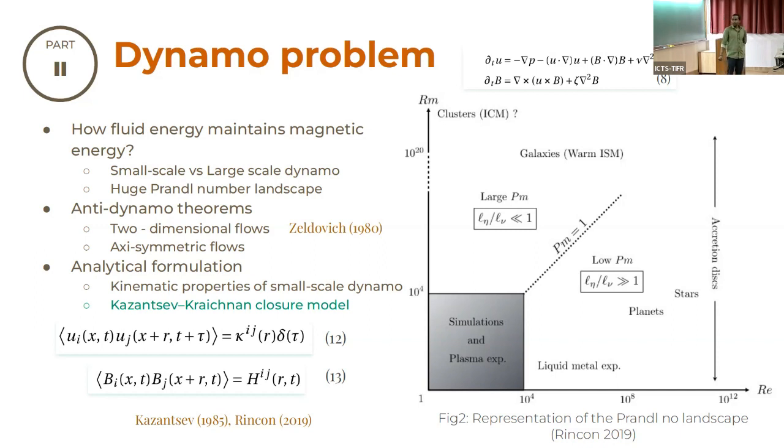So one particular model which succeeded is the Kazantsev model, which successfully predicted the analytical properties for a small scale dynamo growth. That model particularly assumes that the velocity field is Gaussian in time with a particular spatial correlation of this form.